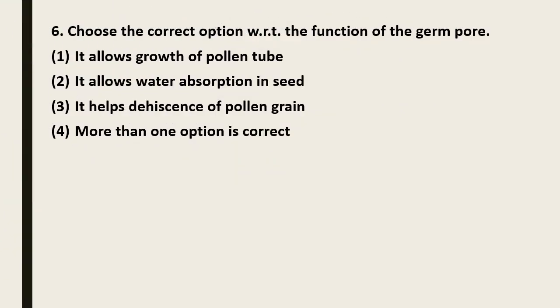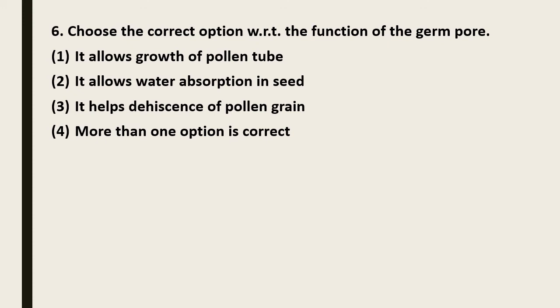Question number 6. Choose the correct option with respect to the function of the germ pore. Options: 1, it allows growth of pollen tube; 2, it allows water absorption in seed; 3, it helps dehiscence of pollen grain; 4, more than one option is correct.